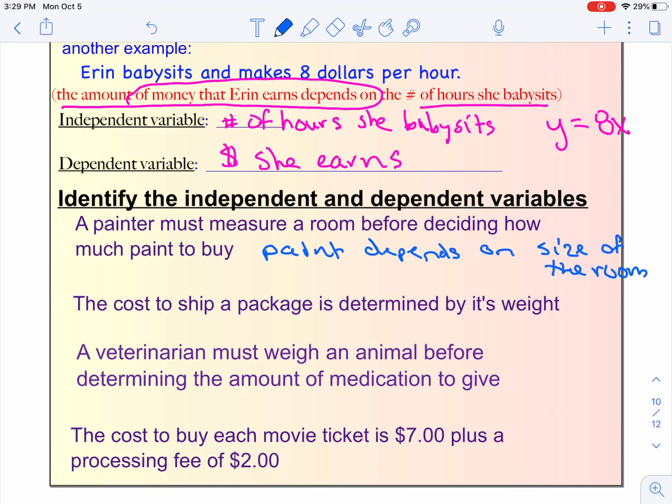So, which is the dependent variable? The paint that is bought depends on the size of the room. So, the amount of paint to buy is the dependent variable, and the size of the room is what you input to get the amount of paint that you buy.